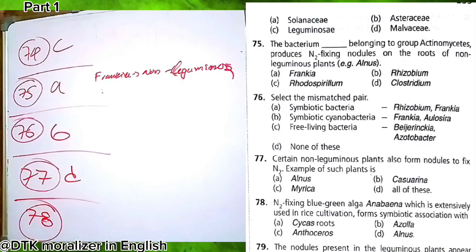Now question number 78. N2 fixing blue-green alga Anabaena, which is extensively used in rice cultivation, forms symbiotic association with Cycas, Azolla, Pteris, Alnus. For question number 78, here option B, Azolla.